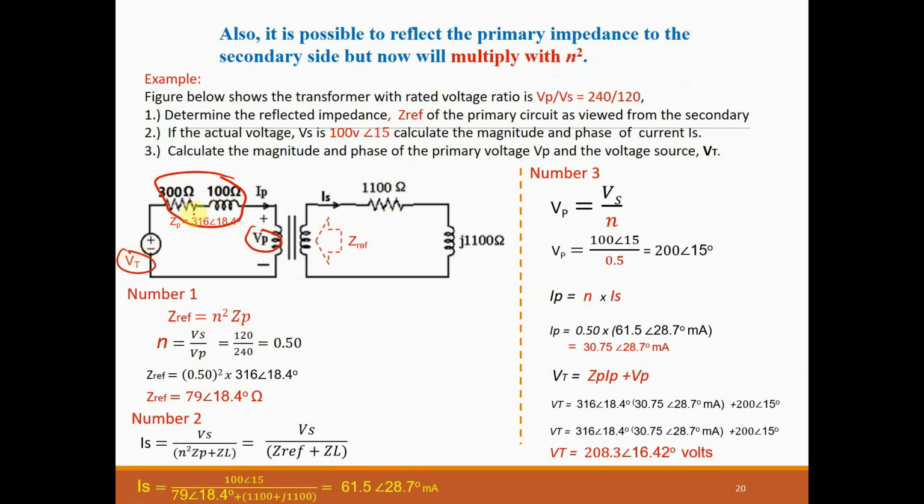So how do you calculate the voltage here? We have to multiply this impedance with IP. So we have Z P IP plus VP will give the total voltage. VT here is 208.3 angle 16.42.